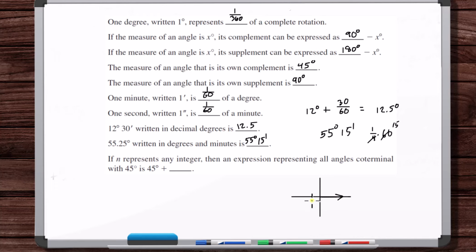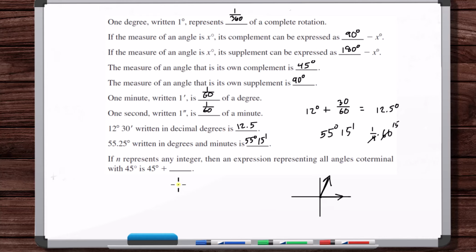Then the terminal side, the vertex is here. The terminal side is anywhere in the 2D plane. If they're coterminal, then they have the same terminal position. But it's not necessarily the same angle, because you could do more than one rotation, positive or negative.